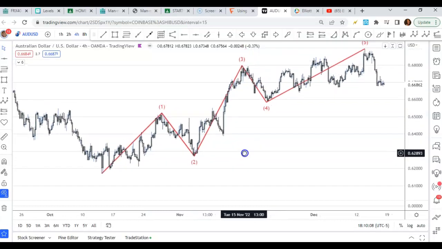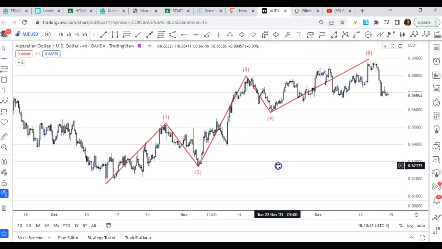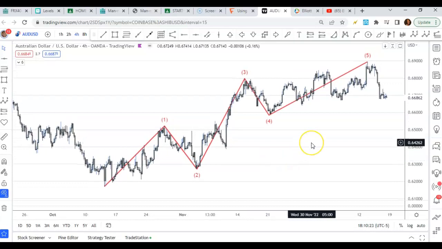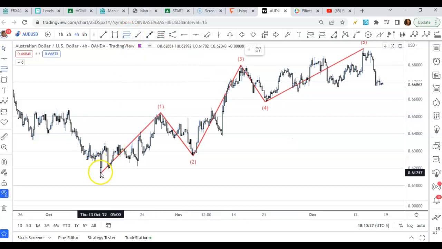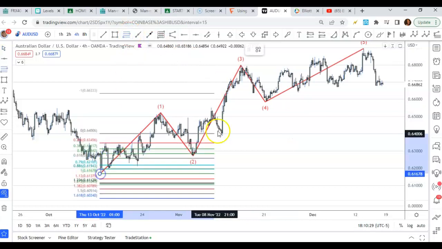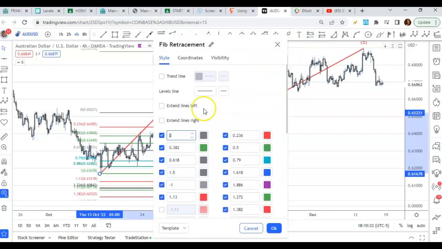Now when it comes to finding commonality, you're going to use your fib extension or your normal fibs and just flip it, reverse it, to figure out some key levels that could project where wave 5 could possibly go. I'm going to start with the first leg here and reverse this.